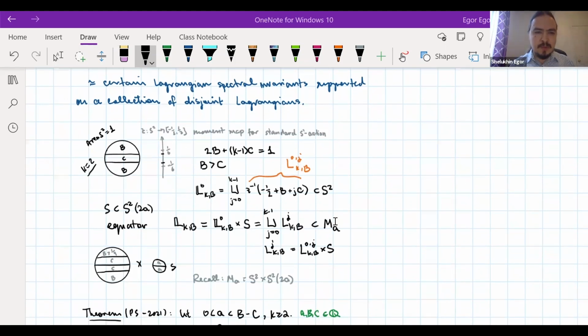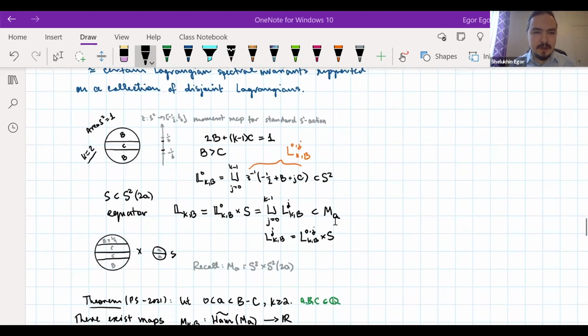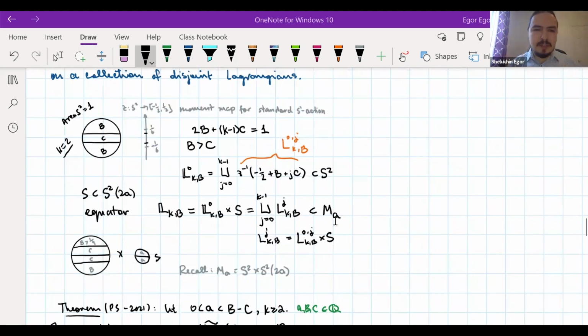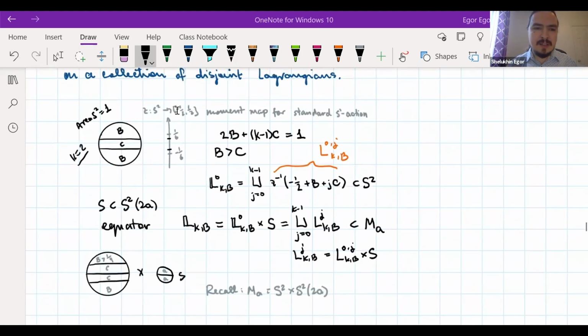So what are precisely these joint Lagrangians? We look at the level sets of the height function. Actually, it's a normalized height function that takes values in [-1/2, 1/2]. It's kind of the moment map for the standard S^1 action.